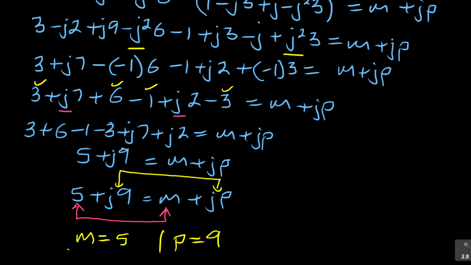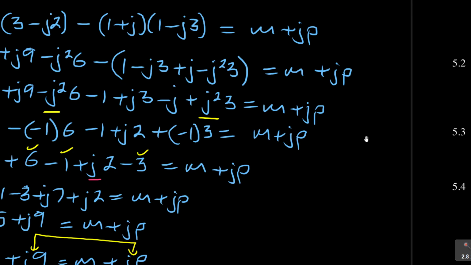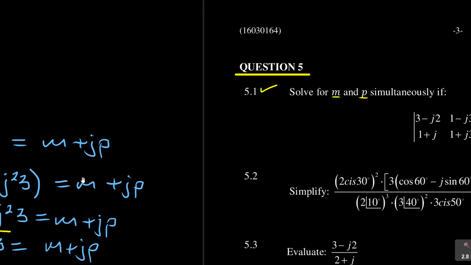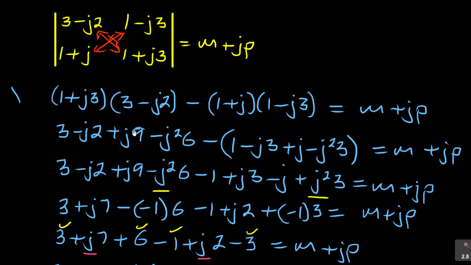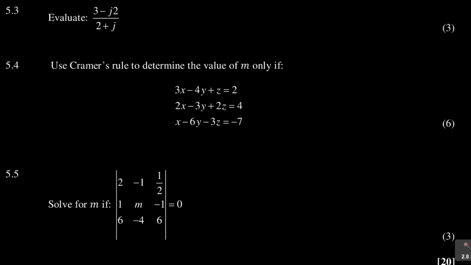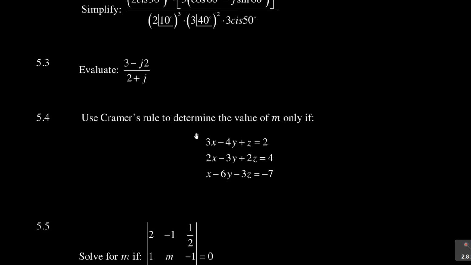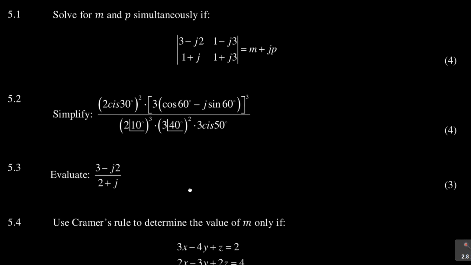I think that's what it means to solve simultaneously for that. So that was question 5.1, it was 4 marks, not complicated, but something that you could also follow up and do. So that's the first question, 5.1.